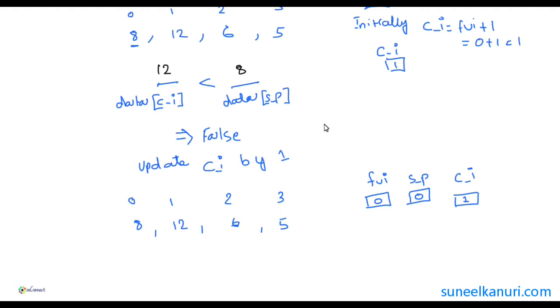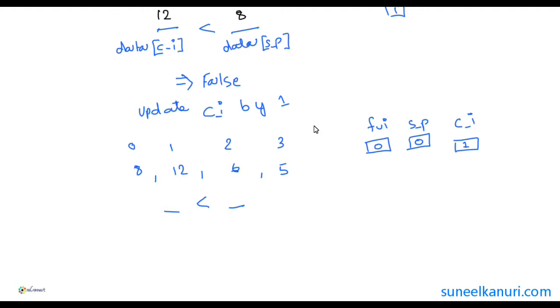At this point we would write our formula again, which should basically be data of s_p, and our C_I, which is our current index, our comparable index, if you care, is pointing to, I'm sorry, this should have been 2.